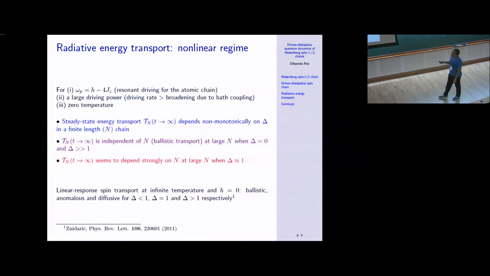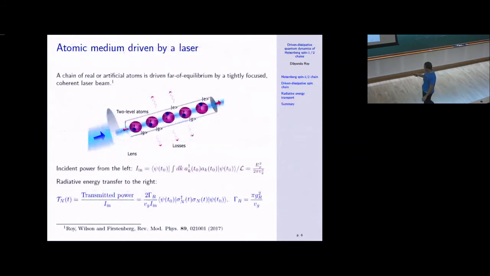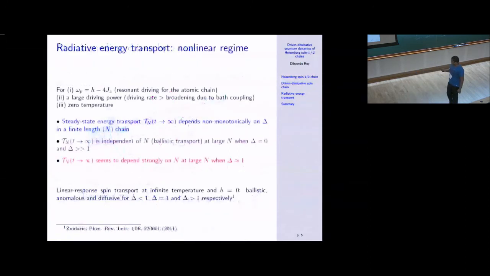If the drive is really large, which I will call the nonlinear regime, and I am doing everything at zero temperature, then we find that tau NT, which I defined as the transmission coefficient for radiative energy transport, is a non-monotonic function of the anisotropy delta, which is the ratio of the exchange couplings Jg by Jx, for a finite length chain.